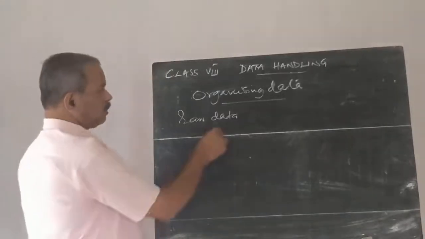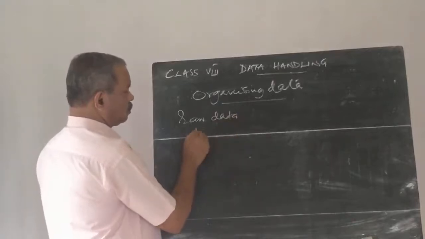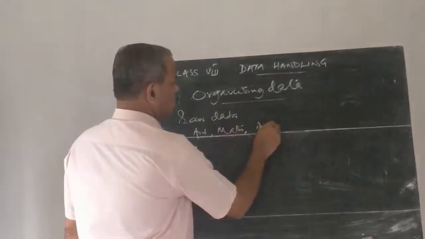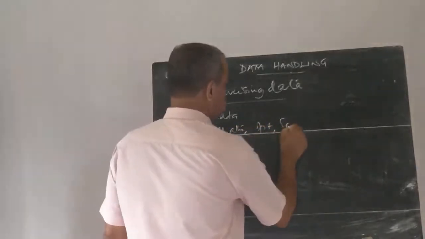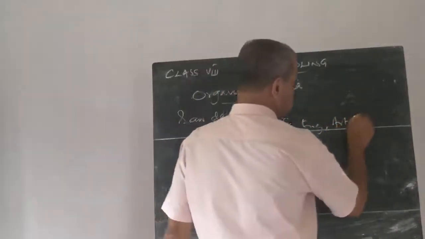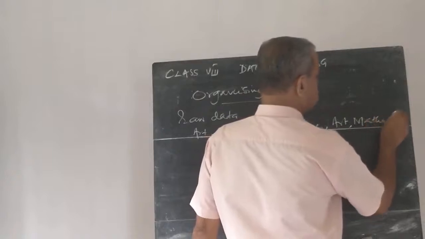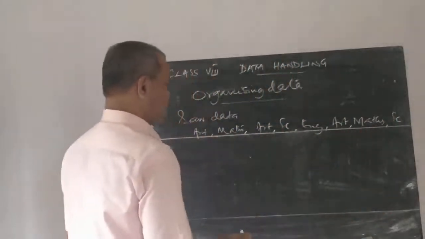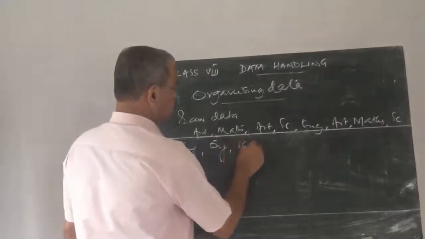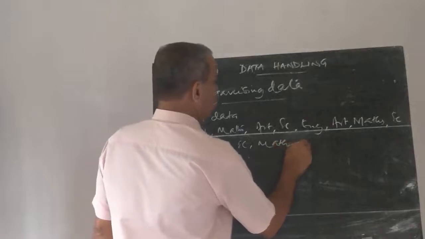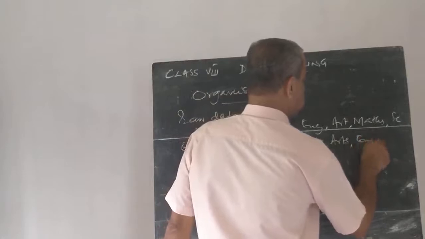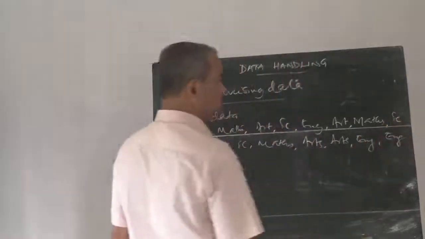They said like this: art, then maths, art, science, English, art, maths, science, English, science, maths, art, English.